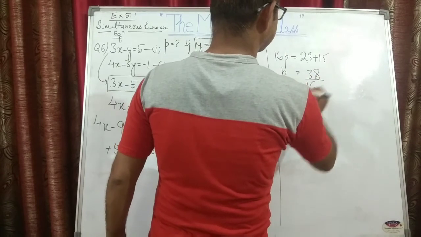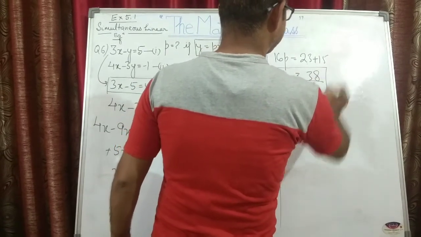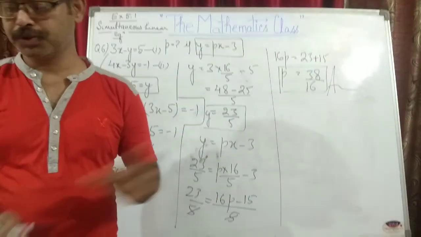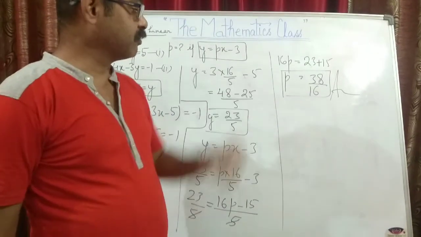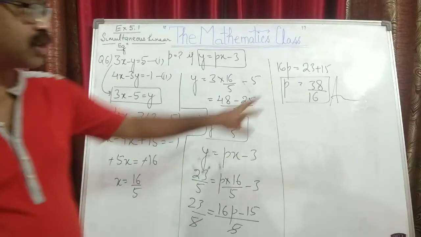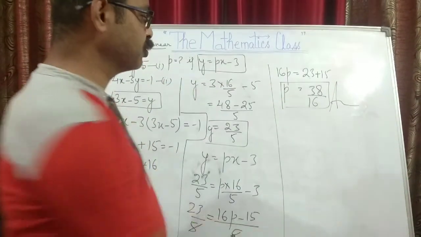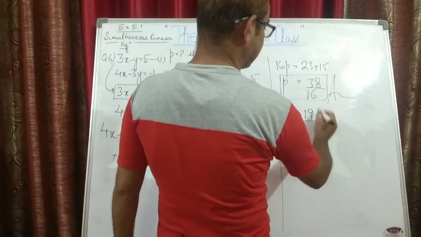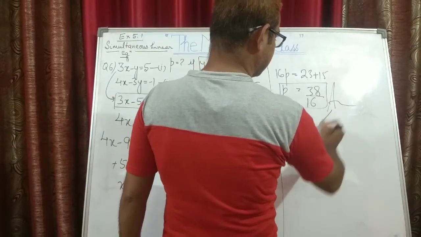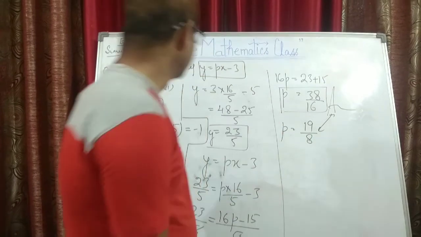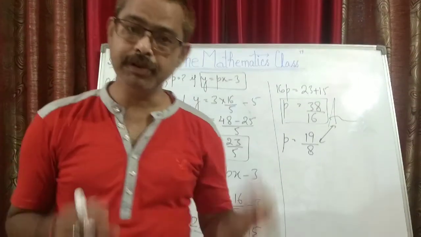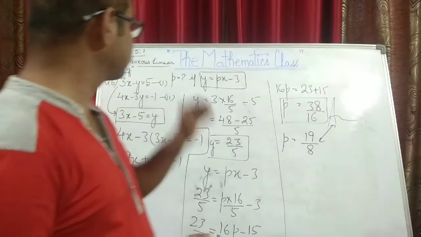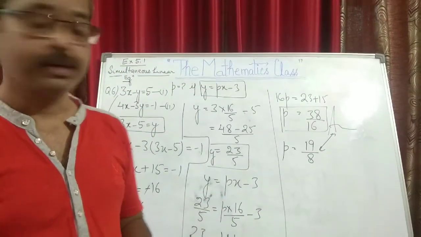P is equal to 38 upon 16. That is the final value. This is the value of p. But this is not in the lowest form. You need to convert into lowest form. So this can be written as 19 upon 8, dividing 38 and 16 by 2. So this is the final value of p.